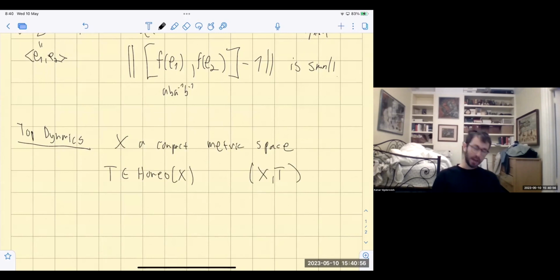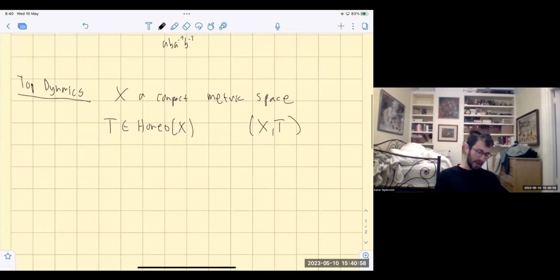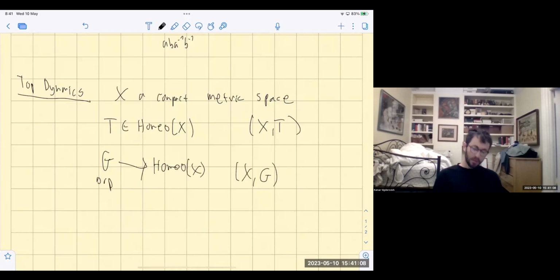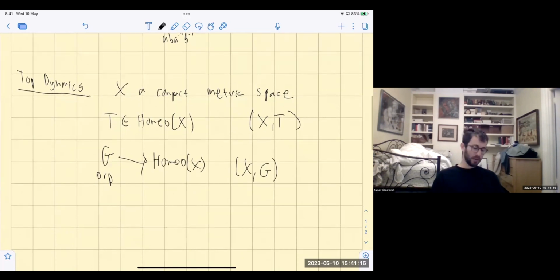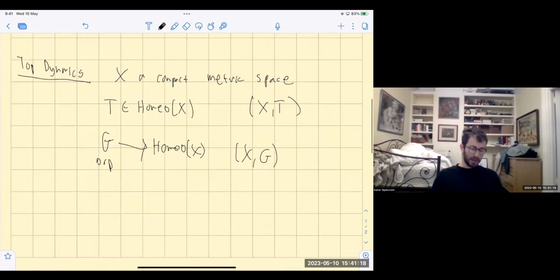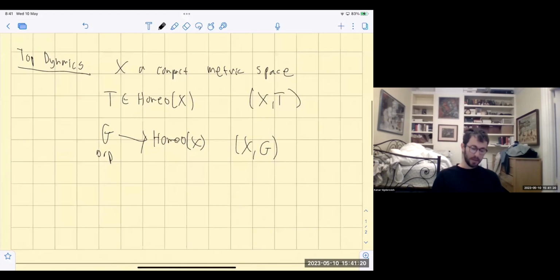Sometimes I will have not just one homeomorphism but an action of a group G on X by homeomorphisms, so a dynamical system with not just one time parameter but a group of parameters.